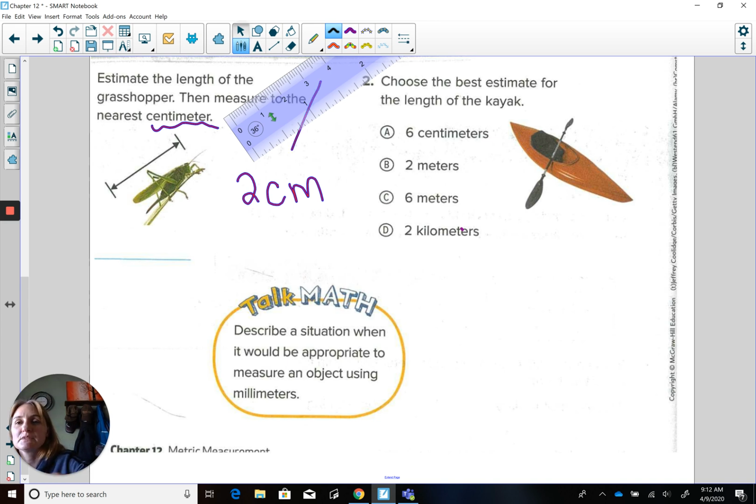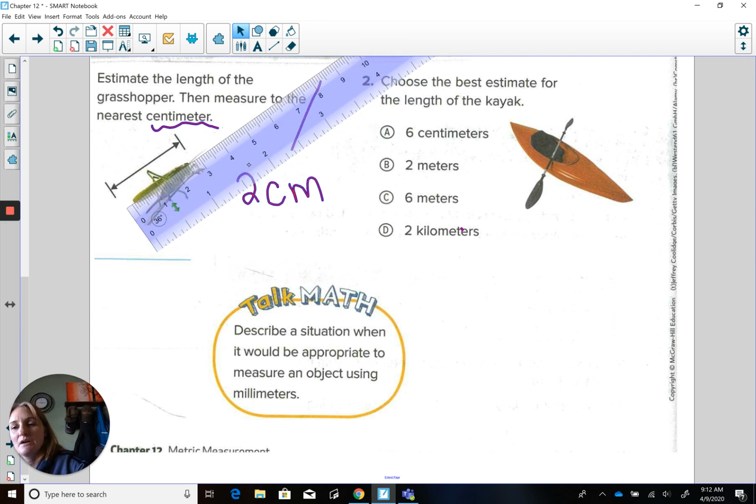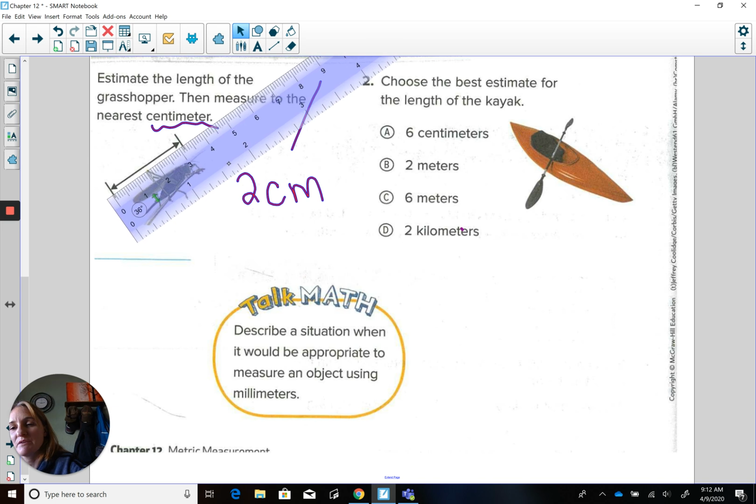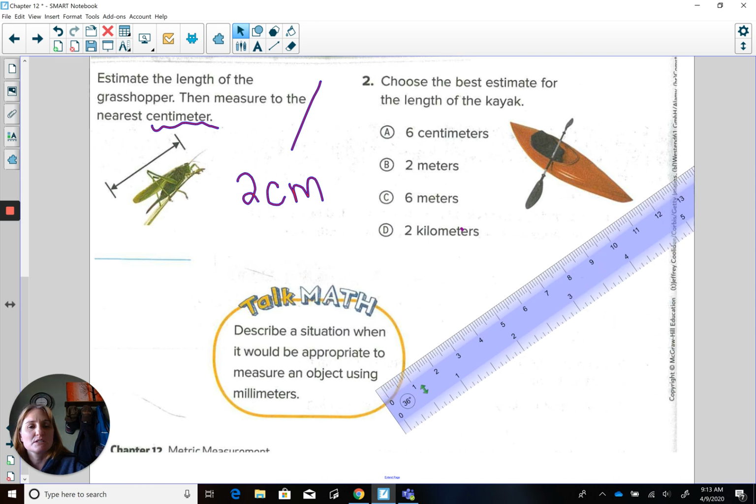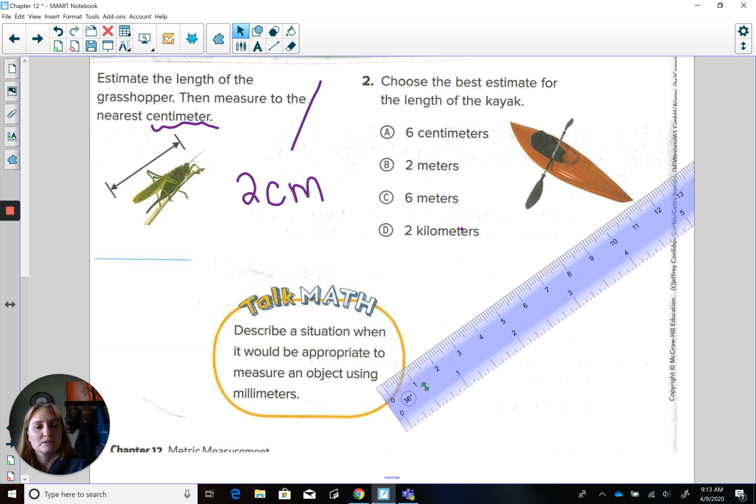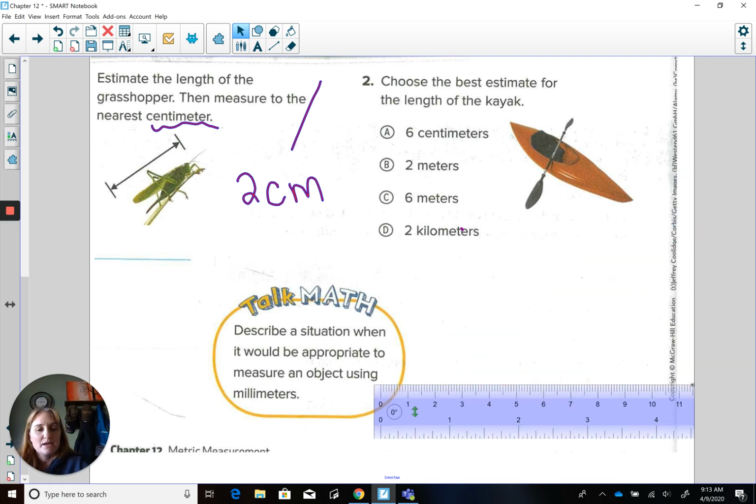So, ruler right here. The first line is best to get it there. And then my line right here is really, really close to the 3. Let me show you so you can see a little better. The bottom side of my ruler goes in.